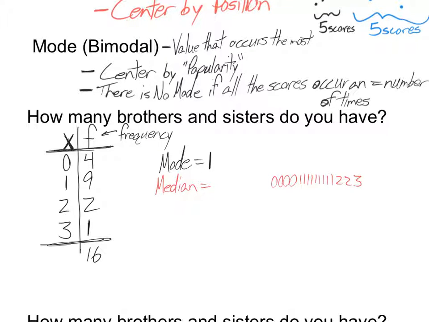So there's a total of 16 scores. The median is going to be 1. Now, if we have 16 scores, that means half of 16 is 8, right? So here are 8 scores.